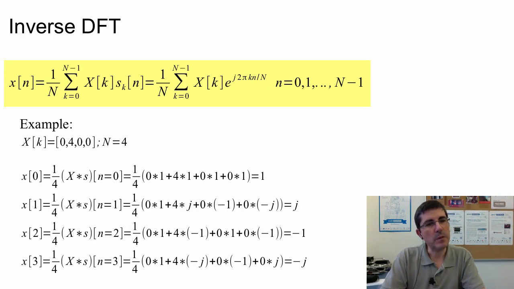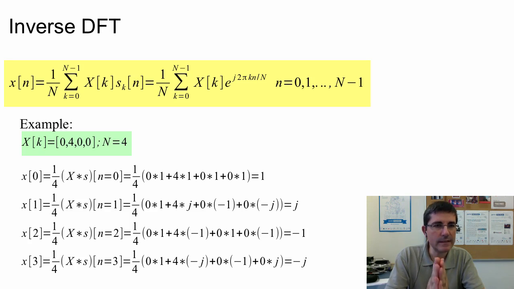So let's put an example. If we start from a spectrum like one we saw before, in which there was one positive value at k equal 1, so we started from a sequence of 4 samples and we obtained a positive value at k equal 1.